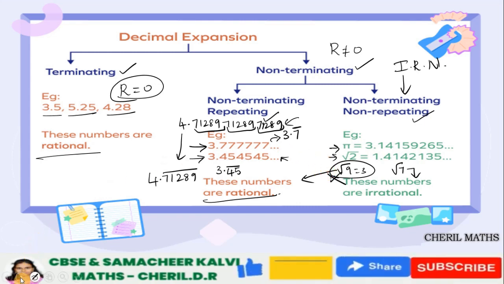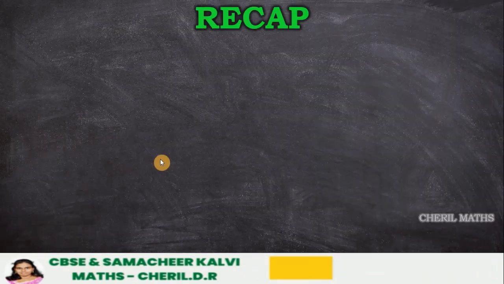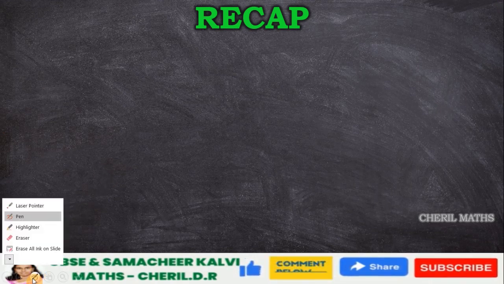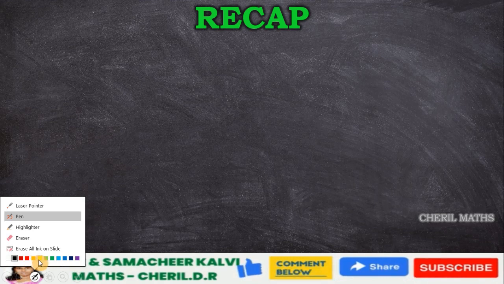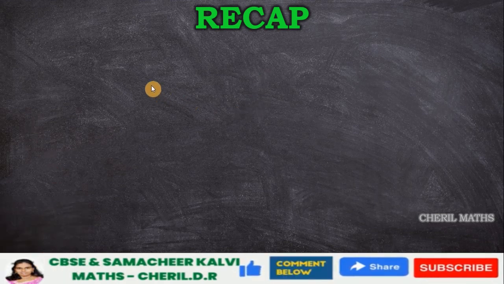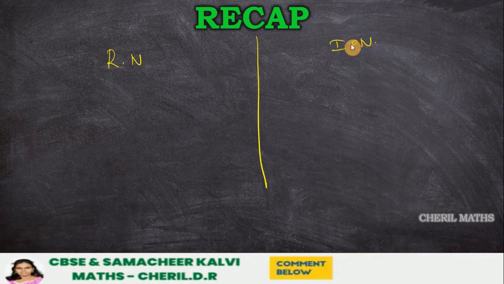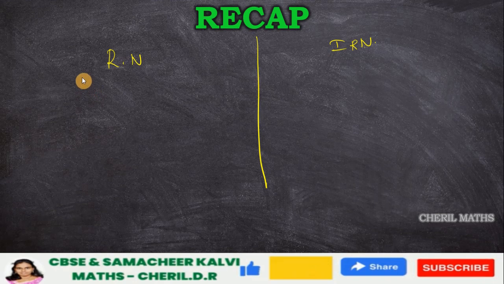Is it clear, children? Yes, hope you understood this. Now we'll do a quick recap of what we have learned till now. We learned about rational numbers. Rational numbers is one category, and another category is irrational numbers. In rational numbers, what all do we have?